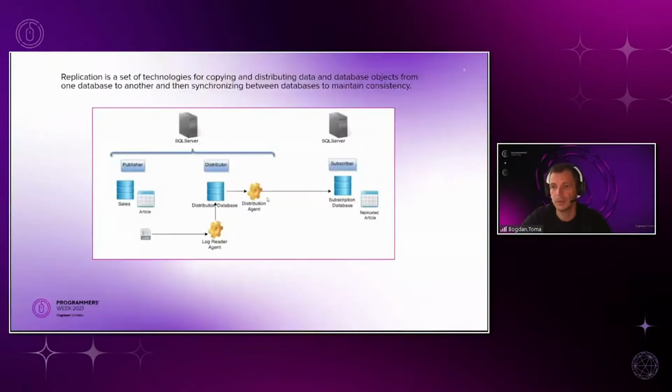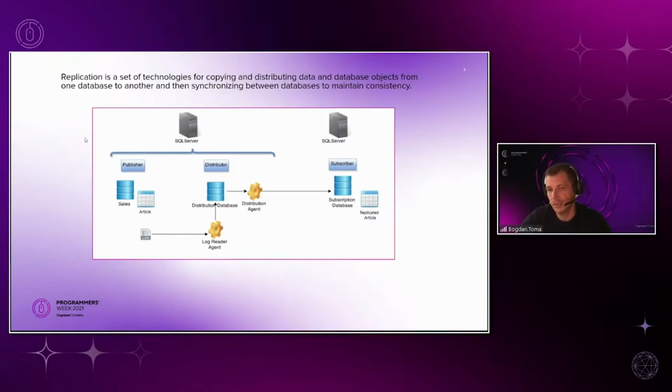If we go back to the diagram, we can see that this diagram is for the transactional replication because we have the continuous log reader agent action that will send the data to the subscriber. If it was for the snapshot, the log reader part will not work.